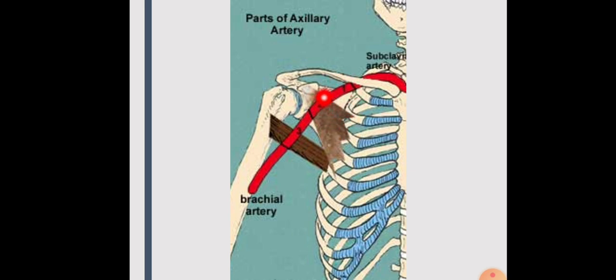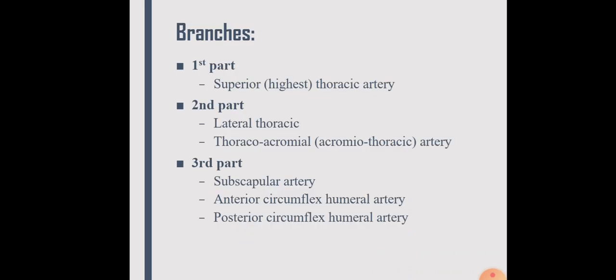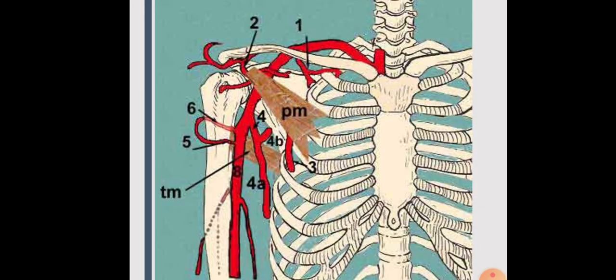The second part is located behind the pectoralis minor. The third part is located distal to the pectoralis minor muscle. The branches of the axillary artery: from the first part originates one branch, from the second part originate two branches, and from the third part originate three branches.